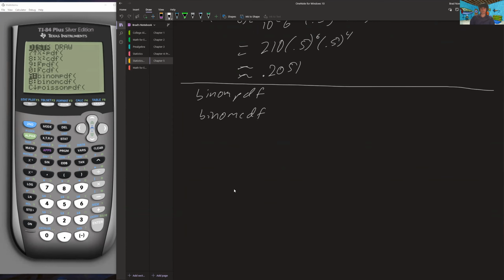So the binomial PDF is going to be an input of the number of trials you have, the probability, and then X. Okay, so the number of trials, the probability, and X. This is the probability that X equals X. For CDF, this is going to be the same thing here, n, p, X, but this is the probability that X is going to be greater than or equal to, or less than or equal to X.